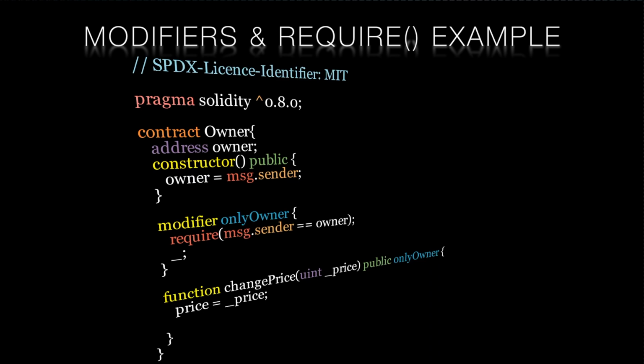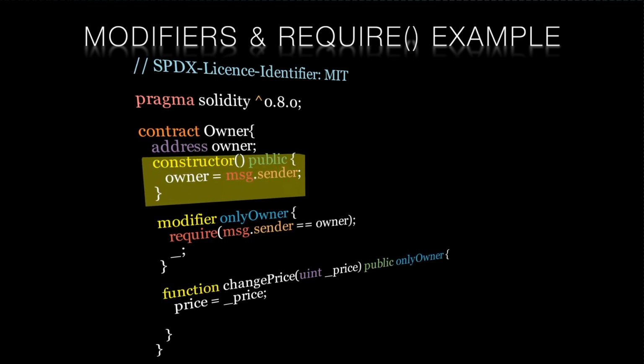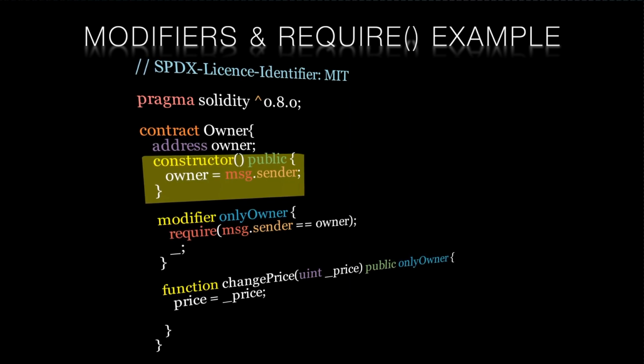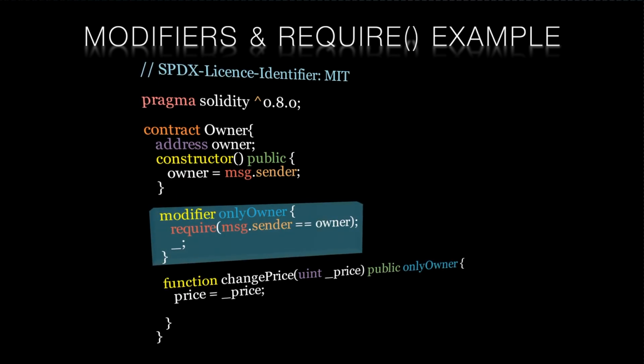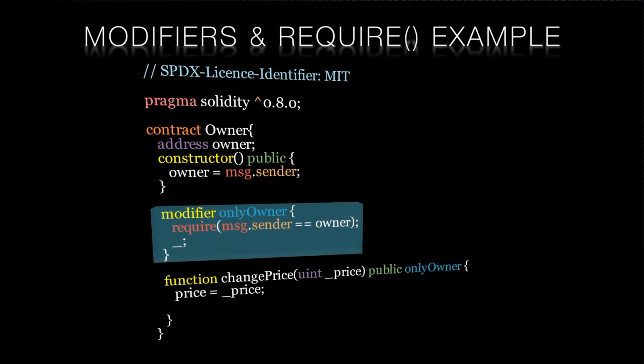When the contract is first deployed, the constructor function sets this owner variable using the built-in message object. A function modifier called onlyOwner is declared in this contract. It uses a require statement.